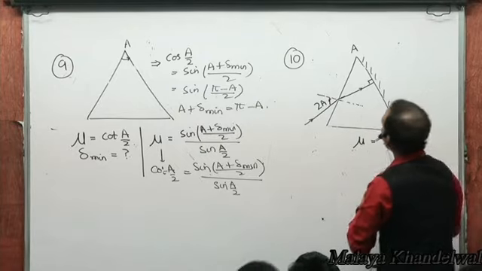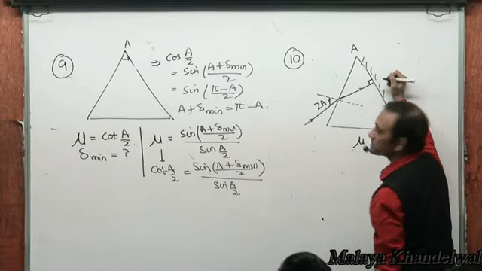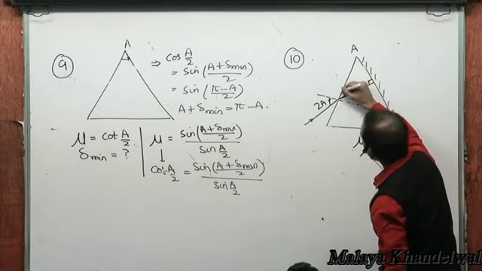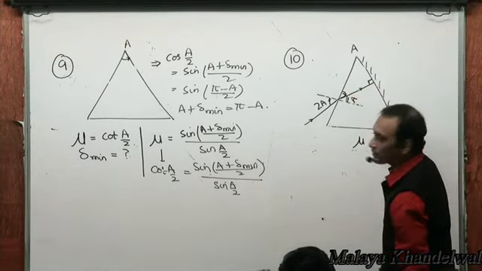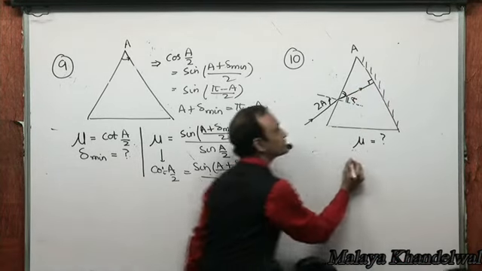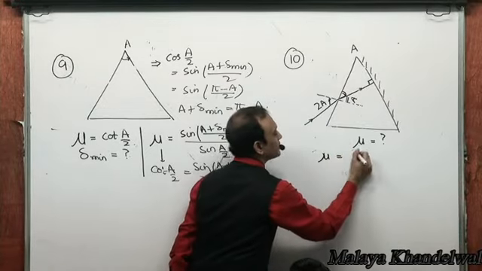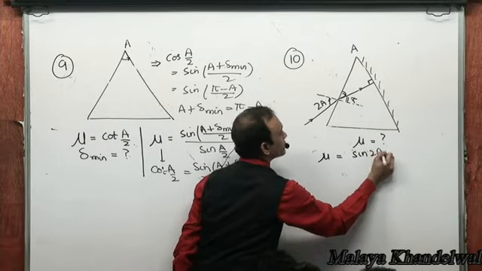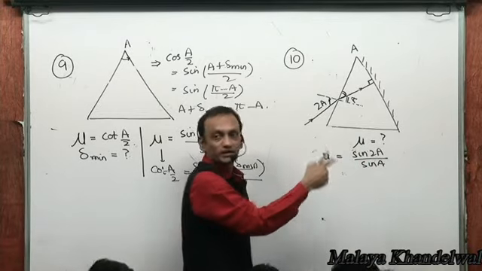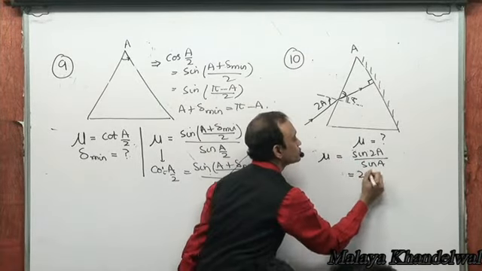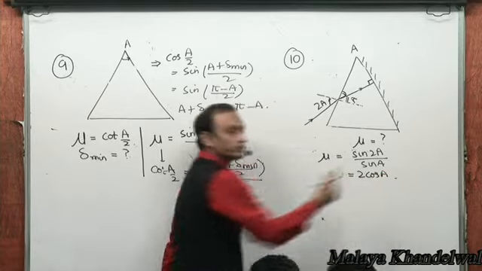Now, very clearly, if this is 90 degrees, this is 90 minus A, and this therefore would be A, and now mu is going to be sine i by sine r, sine 2A divided by sine A, which is 2 cos A, right?